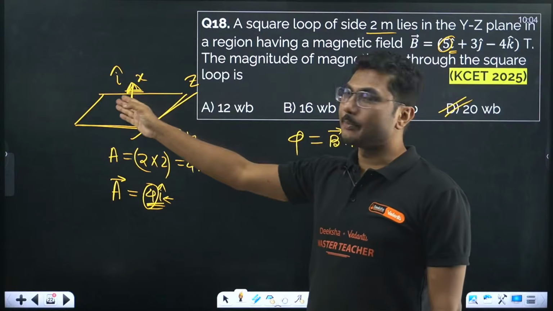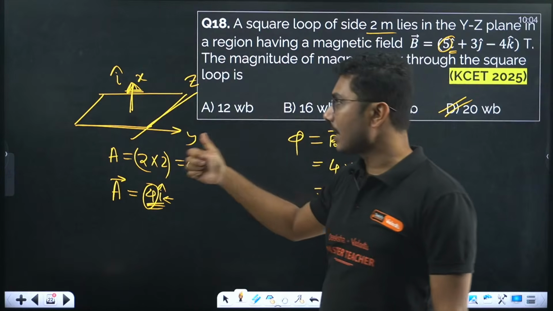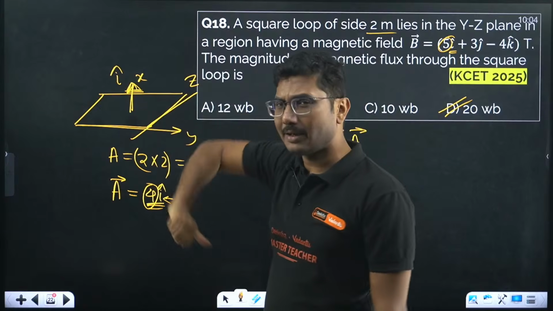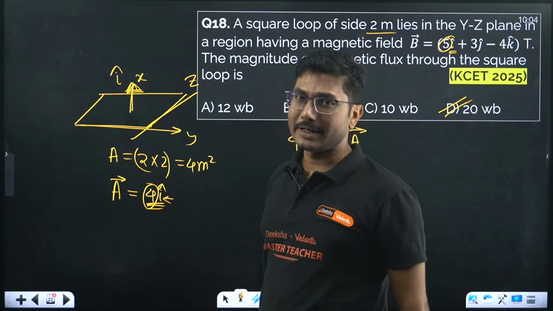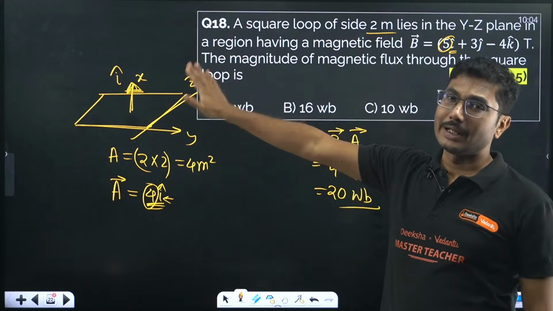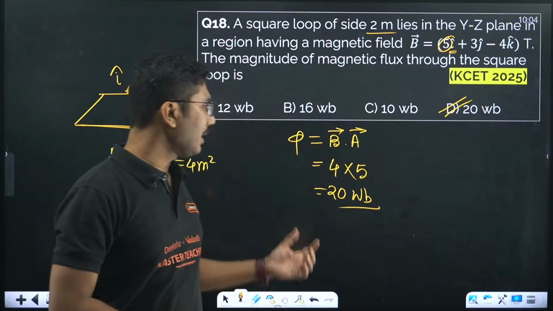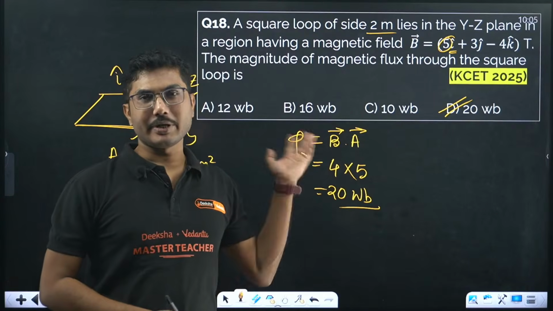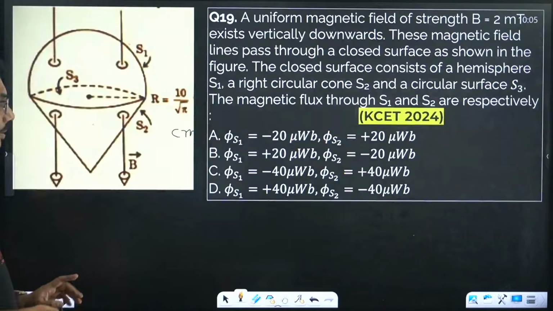So for the XZ plane, the normal is along the X cap. Now it can be positive or negative; I am not saying that it is always in the positive direction, because that clarity is not given in the question. But anyway, it will be along the X vector only. Magnitude wise, it will be 20 Weber. It can be plus 20 or minus 20 based on the direction of the area and the magnetic field.